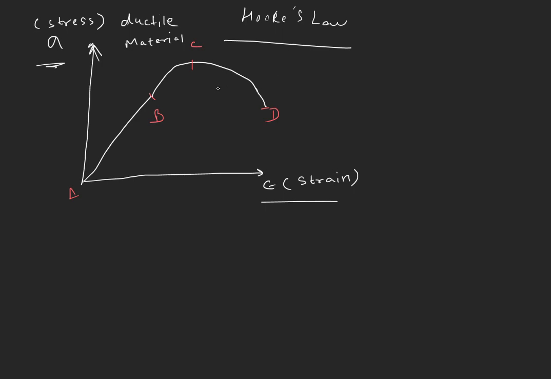Well, point B is the breaking point. My bad, this is the elastic limit. C is UTS, and UTS stands for ultimate tensile strength.